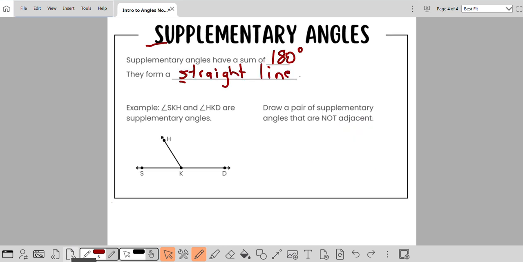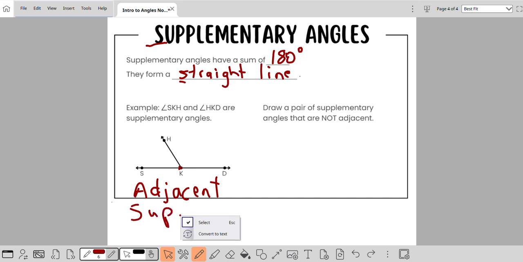All right? So, example, angle SKH and angle HKD together are supplementary angles. Now I'm going to draw a pair of supplementary angles that are not adjacent, because notice these share a vertex and a side. They are adjacent along with being supplementary. Okay, so now let's come over here and draw a set that's supplementary but not adjacent.